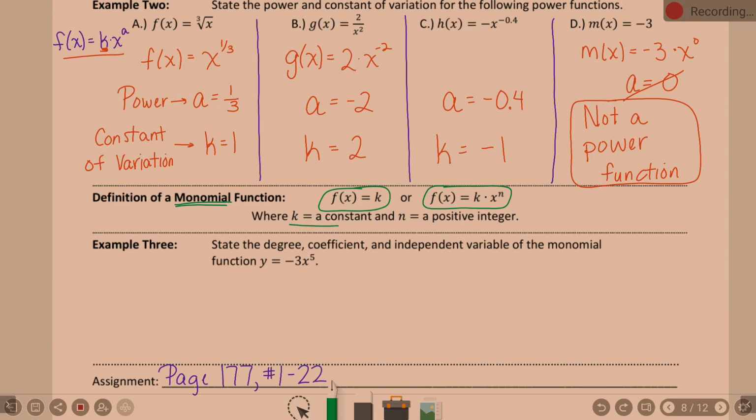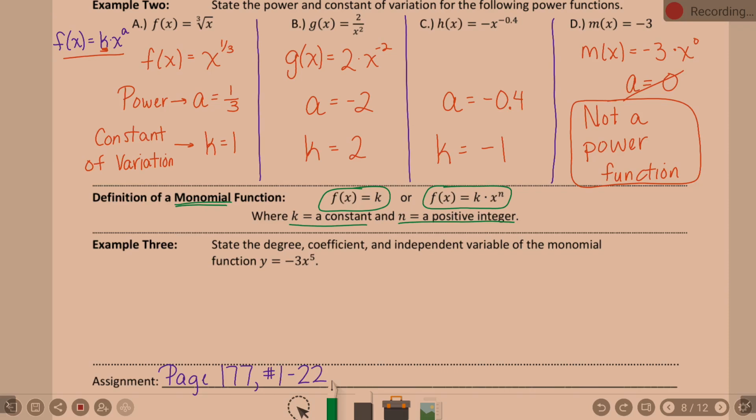k is a constant, so that means k could be 0 this time, right? Positive, negative, fractions, whole numbers. Okay, k can be anything there. What's it say about n? Positive. A positive integer.